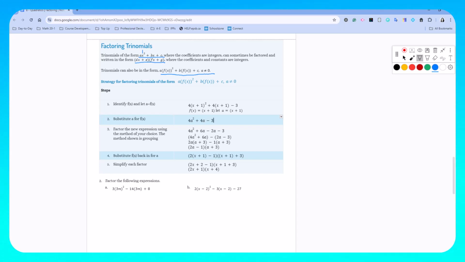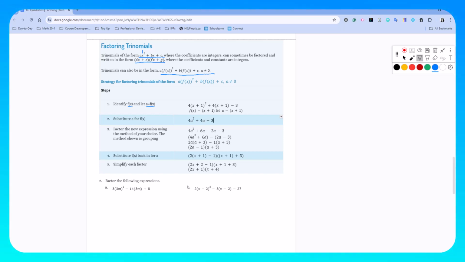So let's look at an example where we have 4 times x plus 1 squared plus 4 times x plus 1 minus 3. Notice that that looks very similar to 4x squared plus 4x minus 3, which is a trinomial that we could factor. So in order to make it look like a trinomial we can factor, we're going to identify the f of x and let a equals f of x.